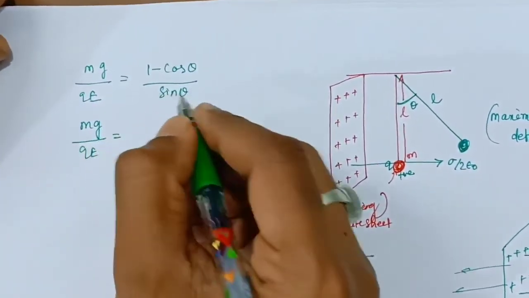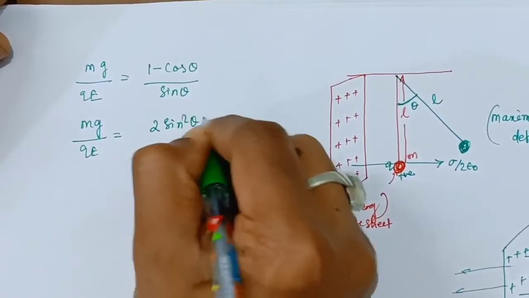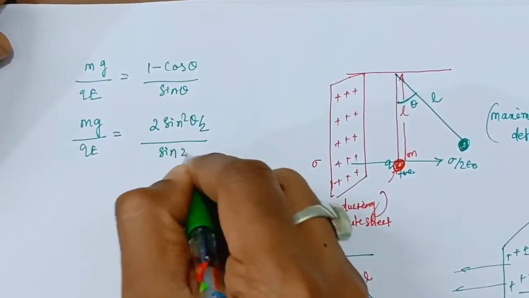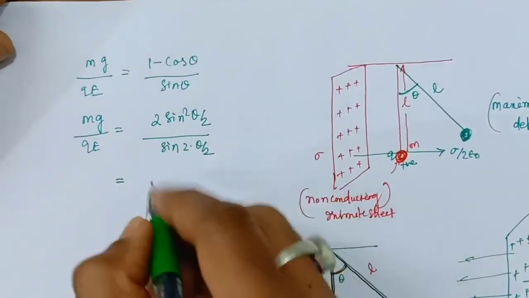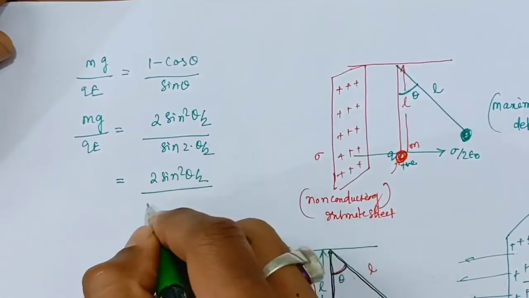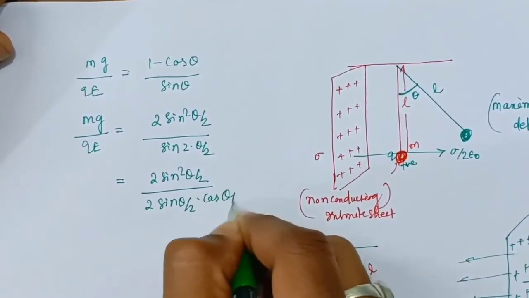1 minus cos theta, trigonometrically, is 2 sin square theta by 2, and sin theta can be written as sin 2 into theta by 2. A little bit of trigonometric skill is necessary. 2 sin square theta by 2 can be written as 2 sin theta by 2 into cos theta by 2.